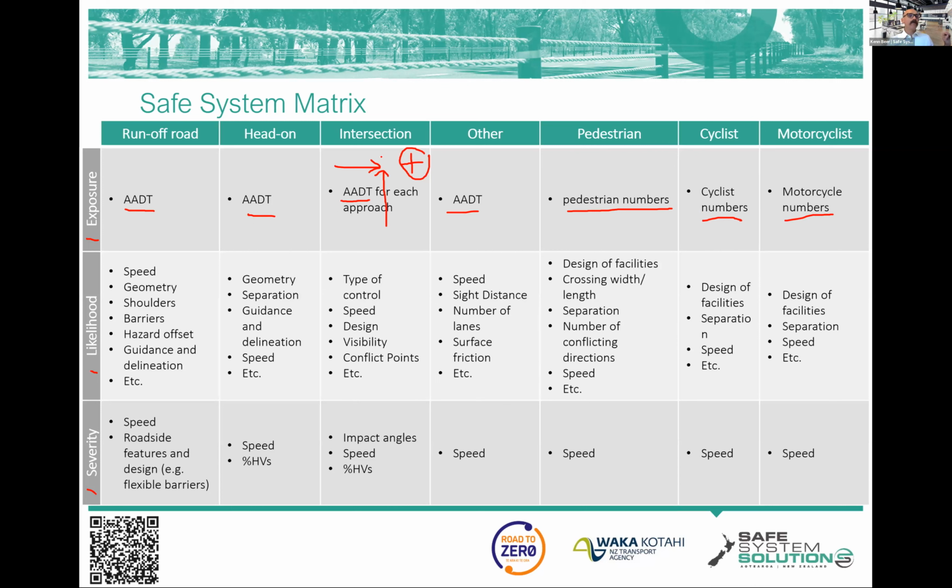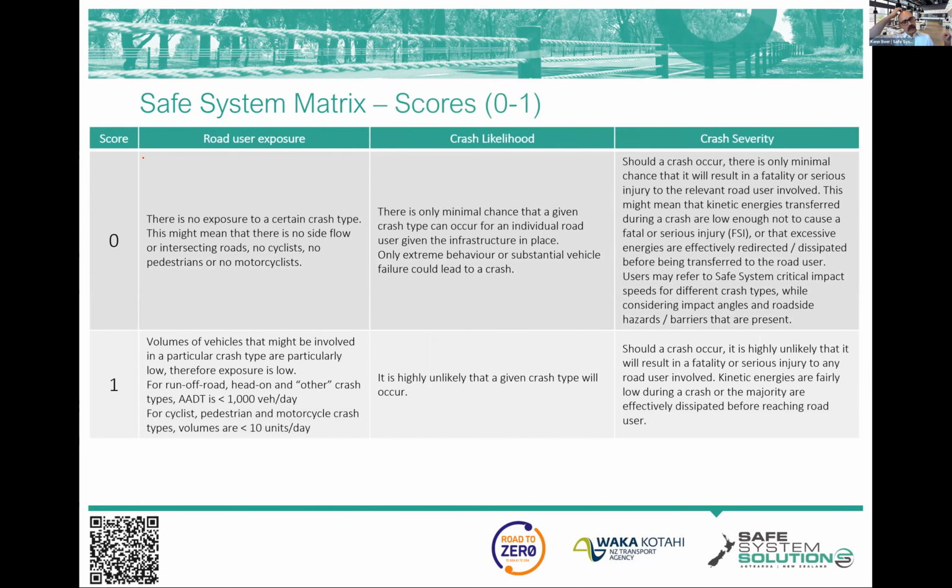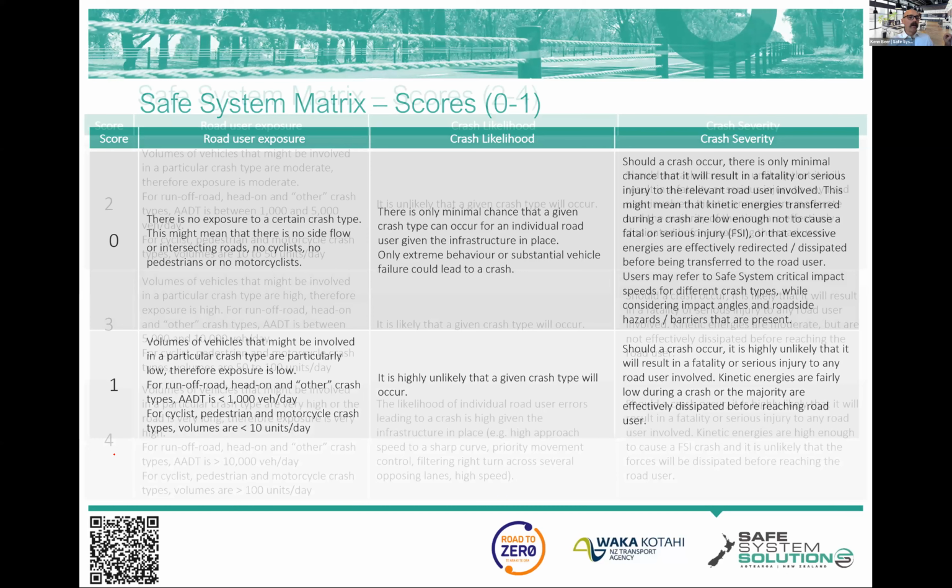But you don't just put down, say, the AADT. If you had an AADT of, say, 3,000 for the road, you wouldn't put 3,000. You need to go to the scoring reference sheet, which is straight out of Austroads' Safe System Assessment Framework, but it contains scores from 0 all the way up to 4.